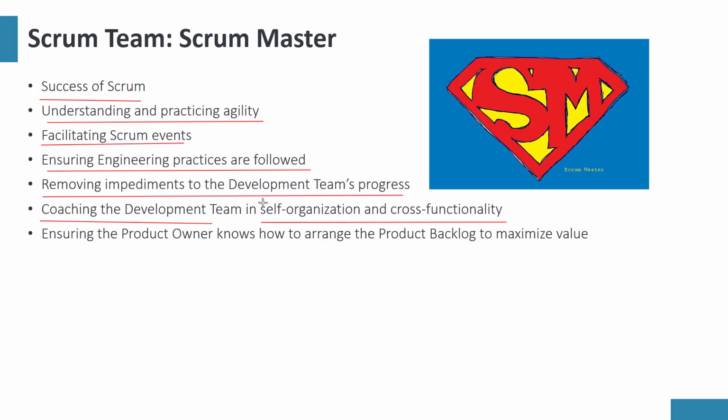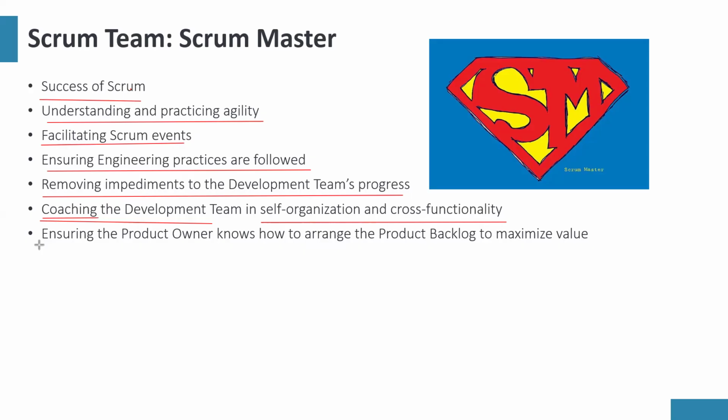Now the reason why the Scrum Master has to coach is because it's not a natural concept. Most teams have a leader, and it's the leader that tells everybody what to do. But in Agile, in Scrum, the team is self-organizing, which means they have to get to the point where they can direct themselves and manage their own work. Cross-functionality is a concept I will explain when we're talking about development team or developers because it covers that.